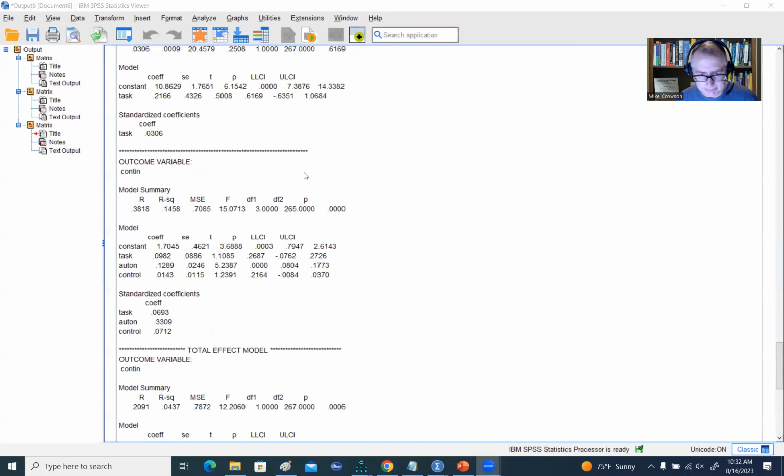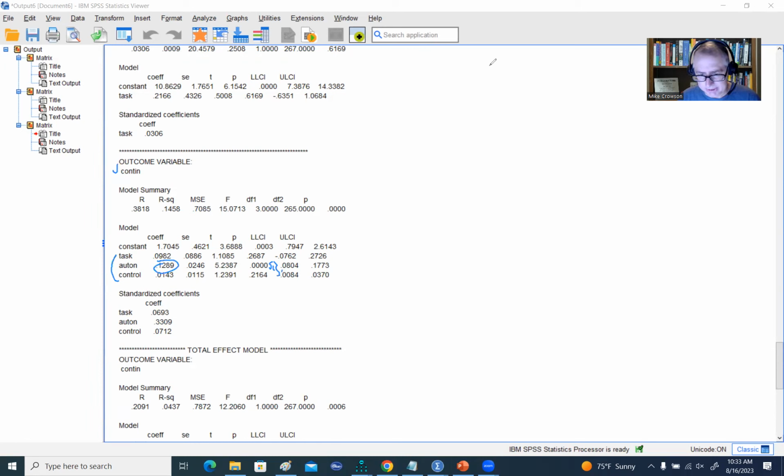Then when we scroll down a little bit further, we can look at our regression of intention to continue onto task orientation and autonomous and controlled motivation right here. Of those three direct effects, the direct effect of autonomous motivation on intention to continue is positive and significant right there. The direct effects of task orientation and controlled motivation on intention to continue are not statistically significant.